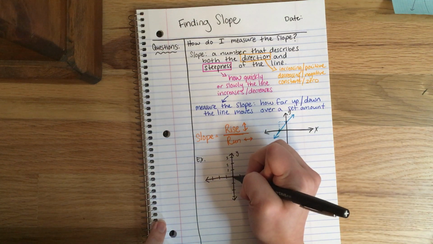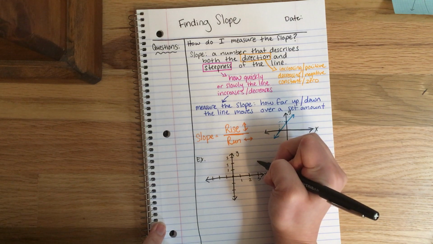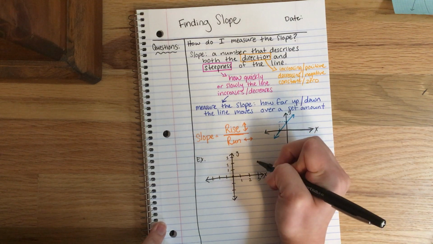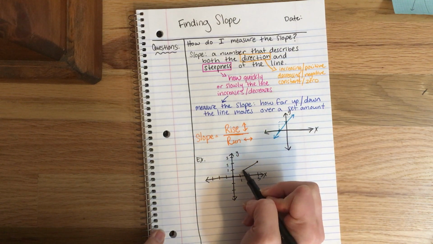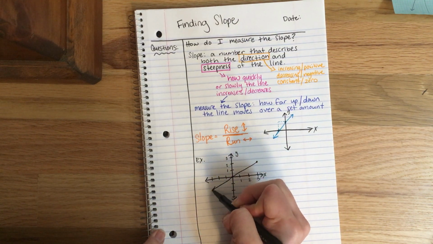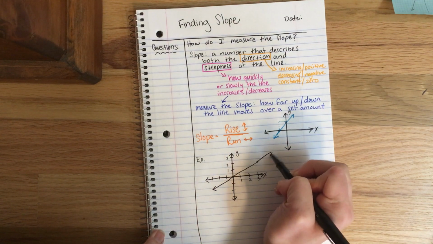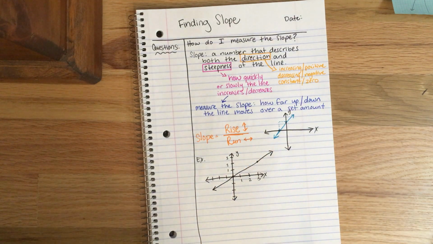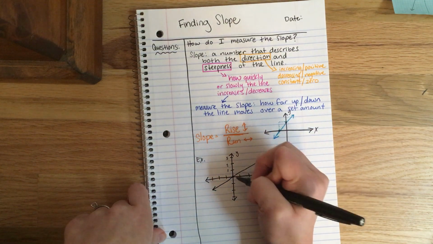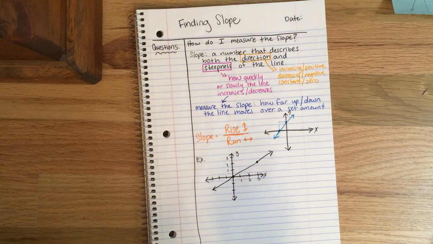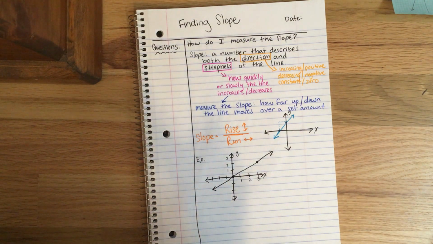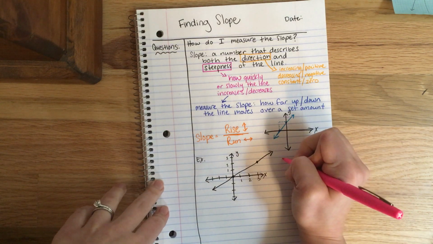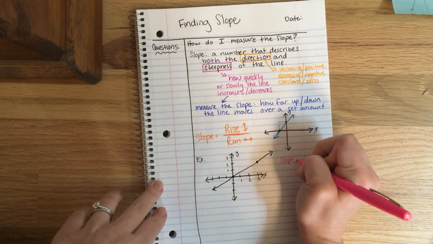And let's say that this is my line. I'm going to put a point at 3, 2, and at 0, 0, and I'm going to try to connect those. I really ought to be using a straight edge here. There's my line. When I go to find the slope, first I'm looking at this, and I can see that it is positive.